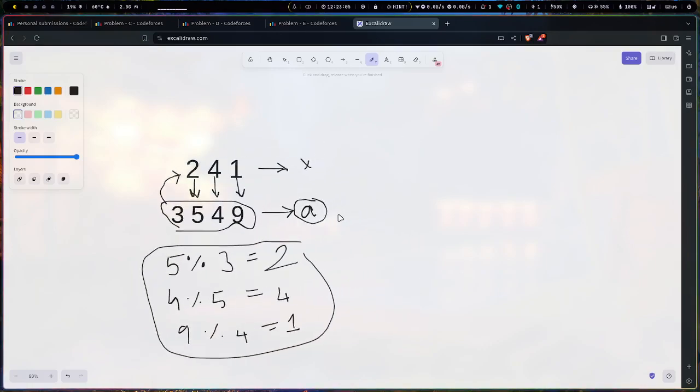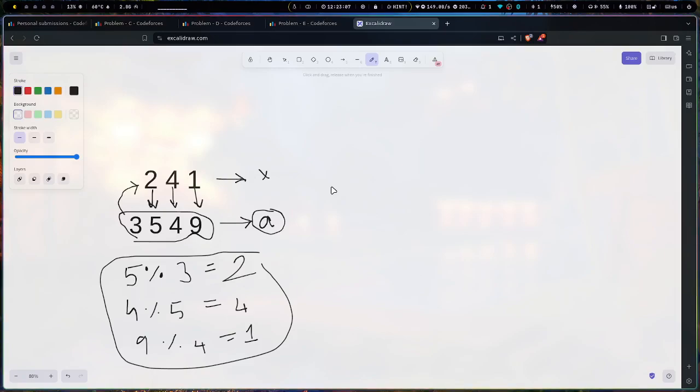I will tell you. If I give you the number 2, and I give you the number 3, you need to find a number x such that x modulo 3 is equal to 2.